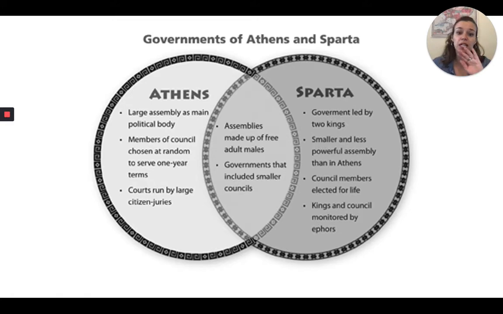So if we're going to compare and contrast Sparta and Athens, right, some of the similarities here are you have these wider assemblies in which free men, citizens, can participate. And governments would include some smaller councils, but in general, you have oligarchy versus democracy. So this is a huge difference.